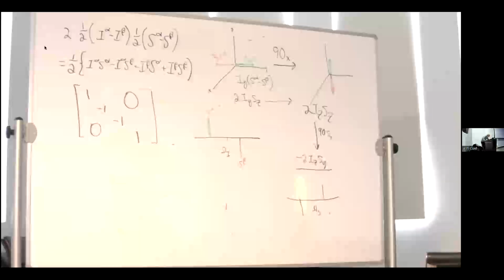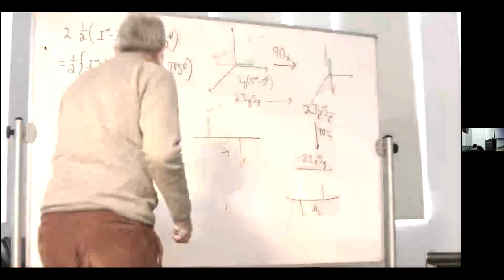When the operators are all I, like I1, I2, then the pulse will be non-selective. Whereas if it's I and S, the pulse could be selective for one or the other. So 2I1Y, I2Z going to minus 2I1Z, I2Y. So if I can remember that long enough to write it forward.